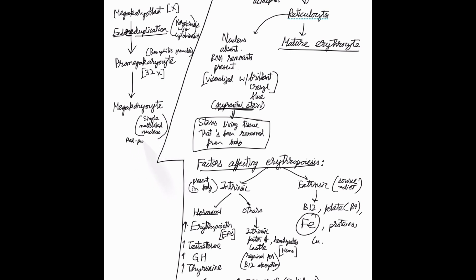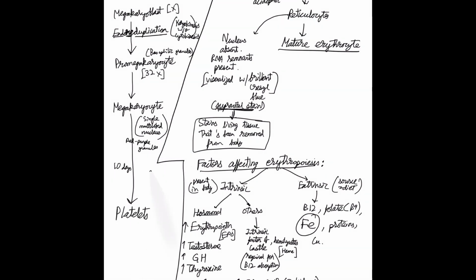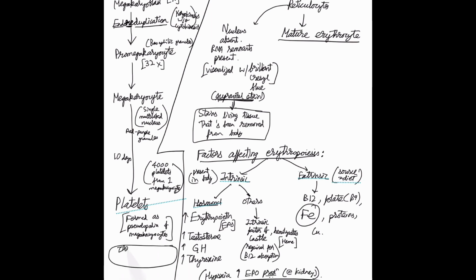They are highly basophilic with many granules. The megakaryocyte has a single multilobed nucleus with red-purple granules, and over 10 days it forms platelets. You can get 4,000 platelets from one megakaryocyte, which basically form as pseudopodia from the megakaryocyte. This whole process is influenced by thrombopoietin and megakaryocyte colony stimulating activity, also known as MEG-CSA.